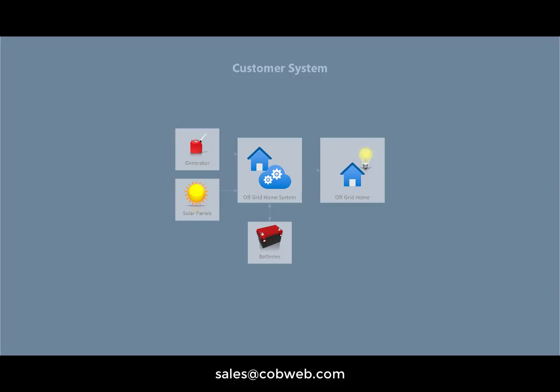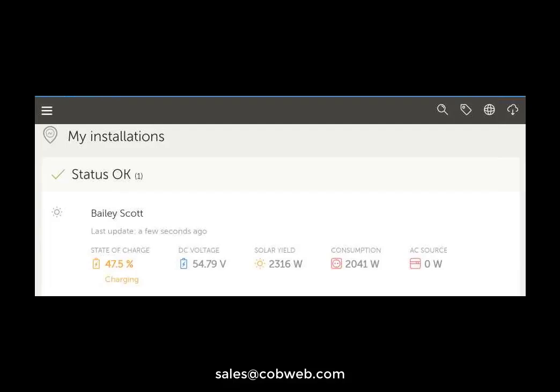Now, when we engaged with the customer, we sat down to understand what the problem was with the existing solution. He identified that the system gives him a view of what power is available. As you can see from this slide, this is the app that he has on his mobile phone, and it shows how much power he's getting in from his solar panels, how much power he's consuming, and how much voltage is in the batteries and the state of charge.